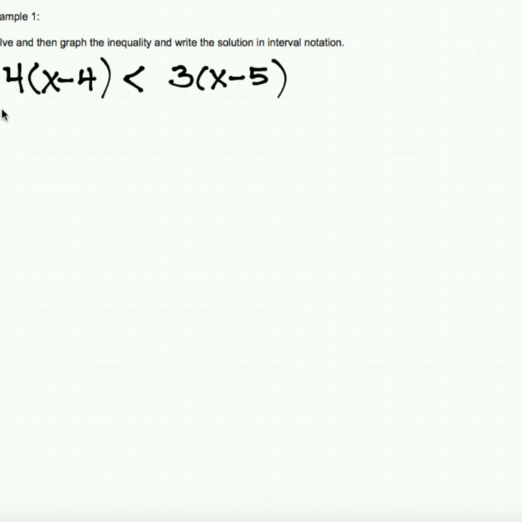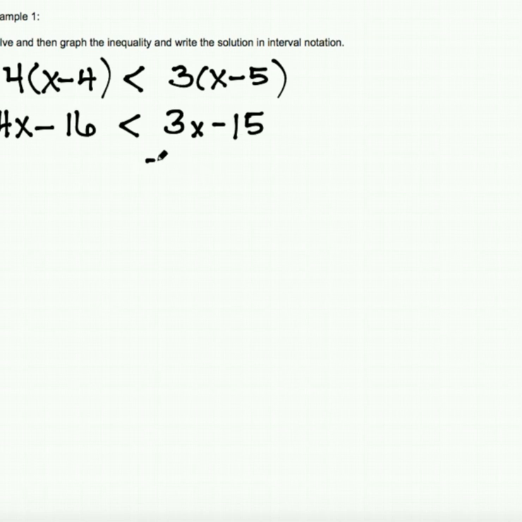So the first thing I'm going to do on the left-hand side is distribute the 4, which leaves me with 4x minus 16 is less than, I'm going to distribute the 3 on the right-hand side, 3x minus 15. As I did with regular linear equations, I want to get the x's on one side and the constants on the other.